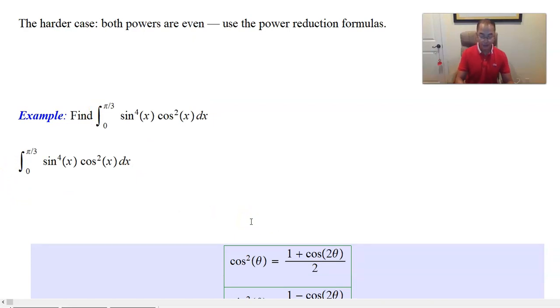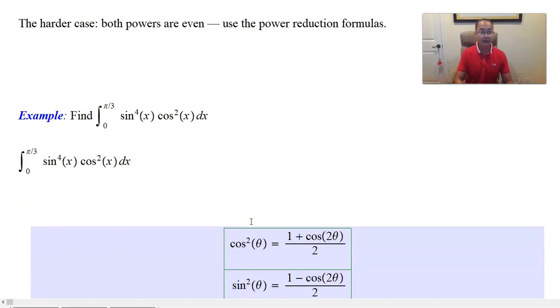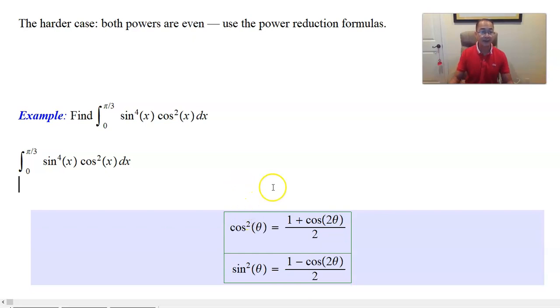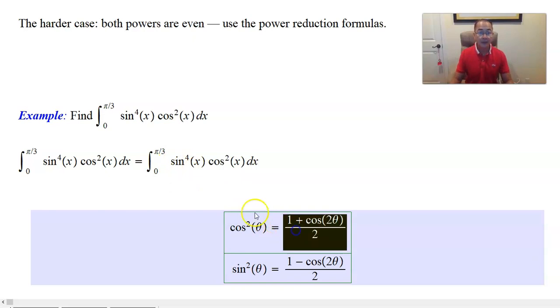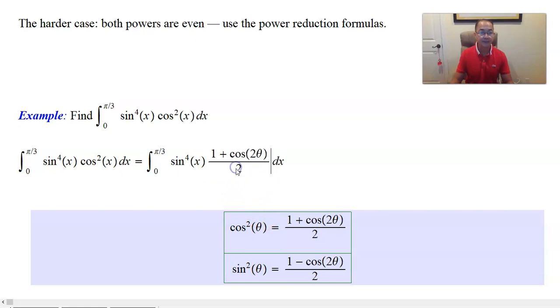So it's not quite a u substitution. It's basically just using identities. Cosine squared, we will use this, but it should be an x. Cosine squared is 1 plus cosine 2x over 2. But sine to the 4th is the square of sine squared of x.